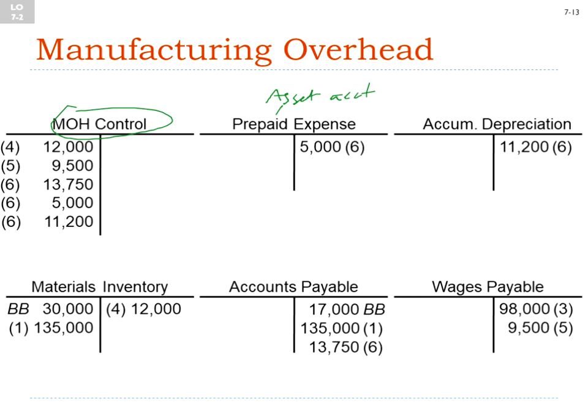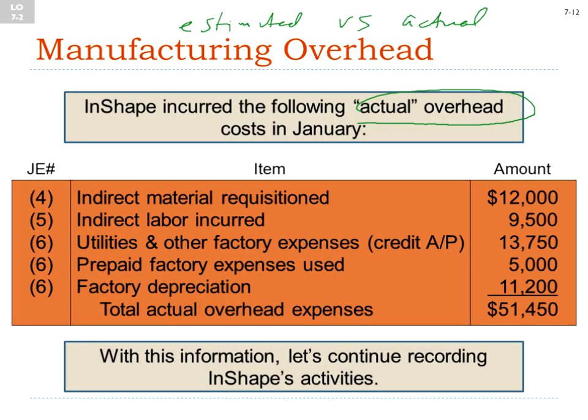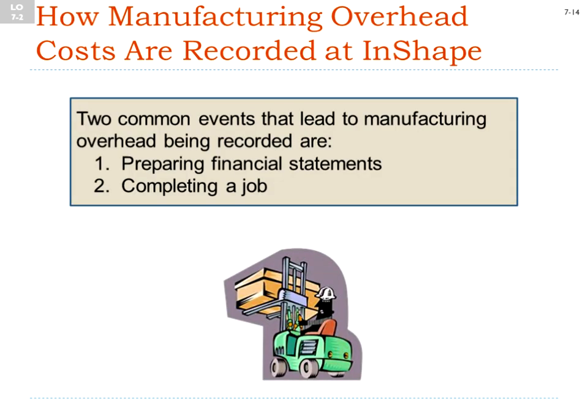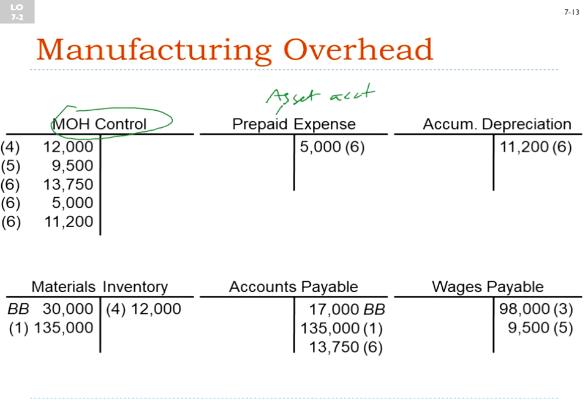The exact wording was prepaid factory expenses used for $5,000. So when you're using an asset account, you credit that account to lower the balance. So it's right to have the $5,000 as a credit on this slide.